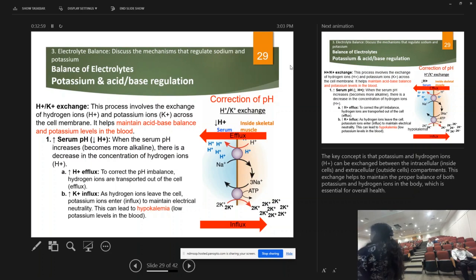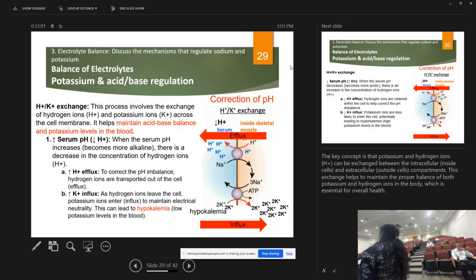Hypo, right? It will cause a hypokalemia, because you're trying to correct for pH. And the more the pH is shifted, the more potassium is going to get dragged in. So you are low in potassium, exactly.